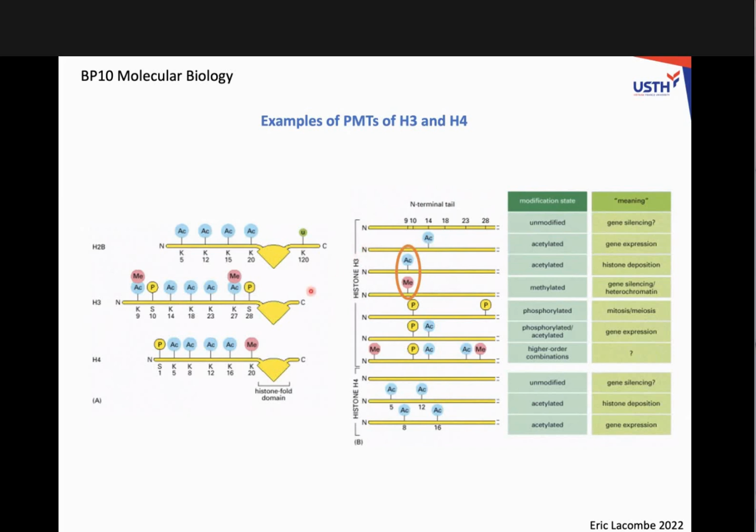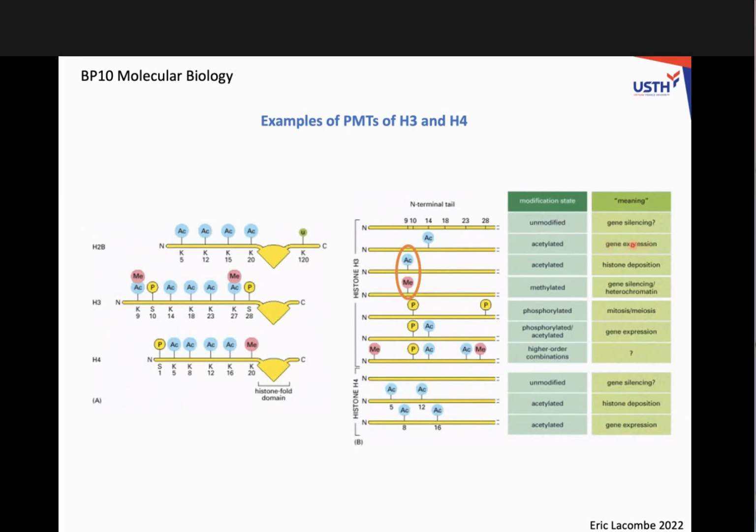If we have a histone H3 that is acetylated at position number 14, it's a lysine. If only the lysine at position 14 is acetylated, this is the type of modification. Technically, in terms of biology, it means that we have gene expression.